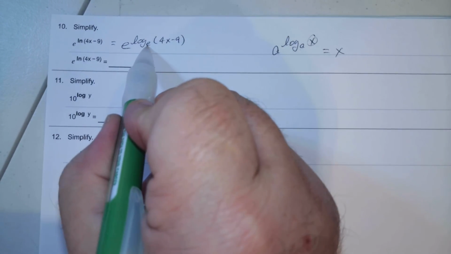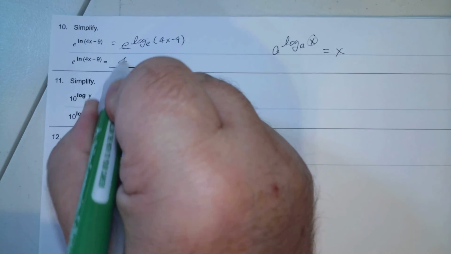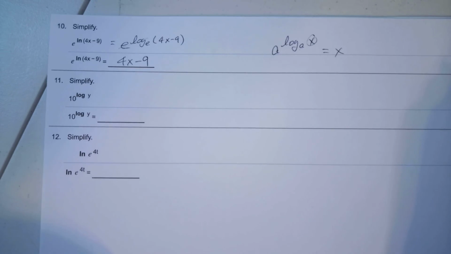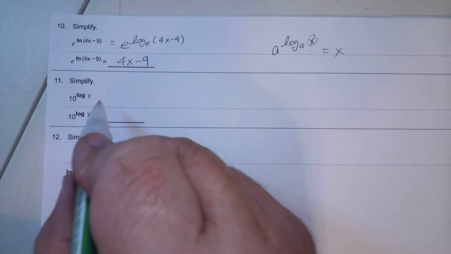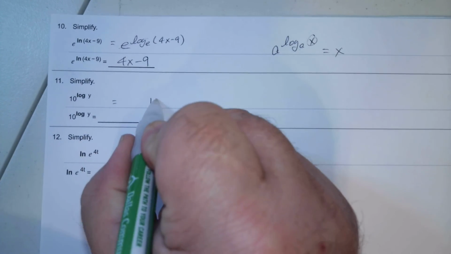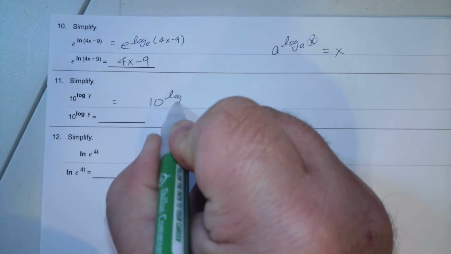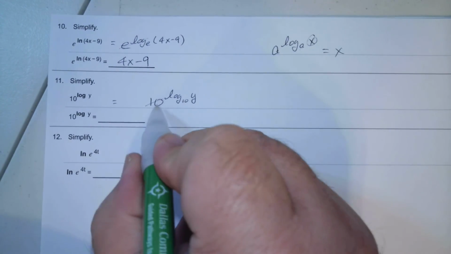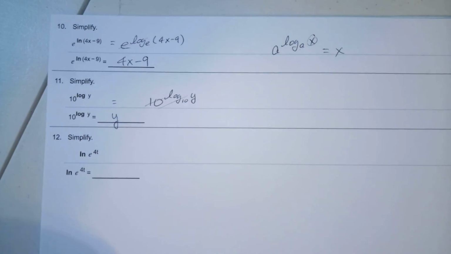So since the bases are the same, they cancel, so we have 4x minus 9. Same thing here. This one is base 10. There's nothing down there, so it's log base 10. So those cancel, so it's just y.